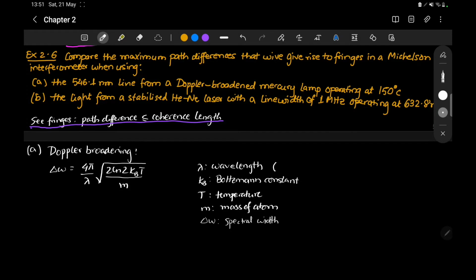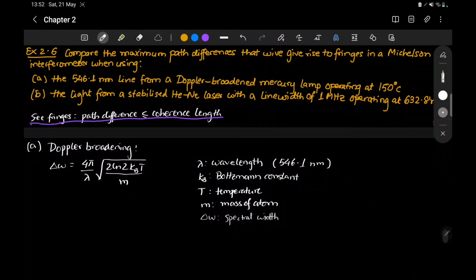Wavelength for our case is 546.1 nanometer. Boltzmann constant is 1.38 times 10 to the power minus 23 meter squared kg per second squared Kelvin.